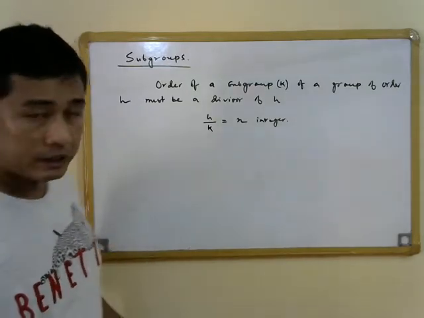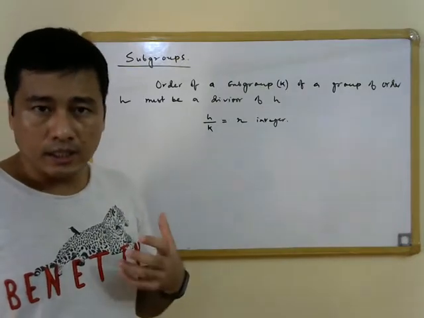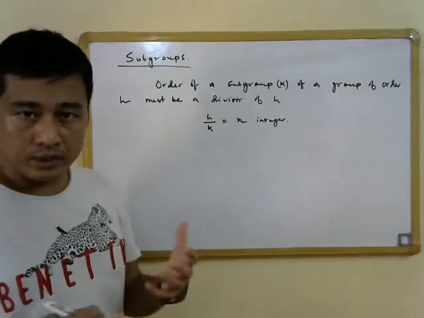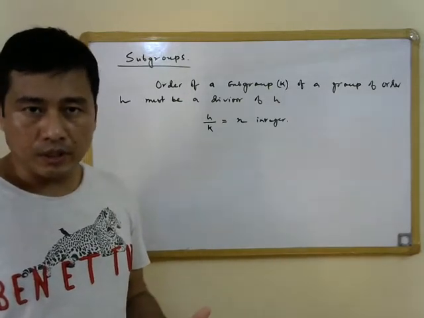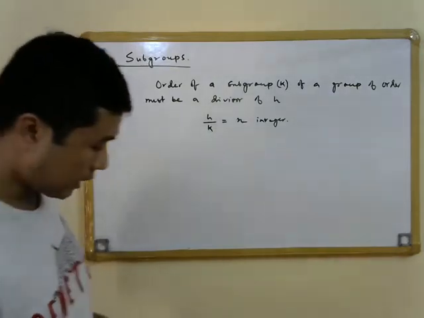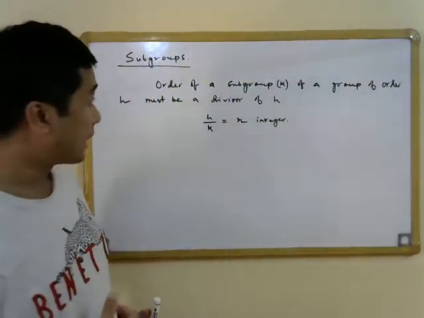Now, a special kind of subgroup is of importance in our case, which we call a class. And how to find different classes within a given mathematical group is an important aspect that we must learn. So we will learn now how to find classes.